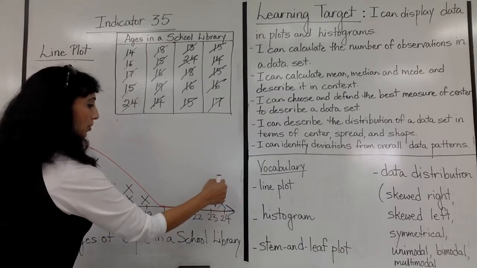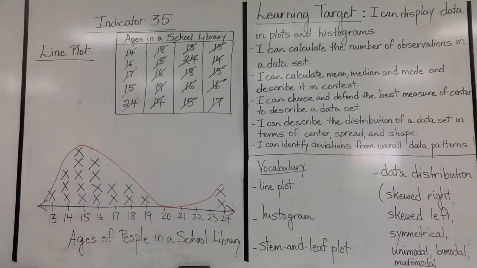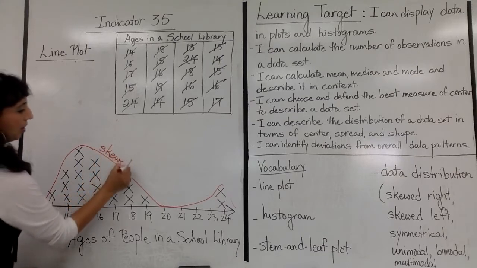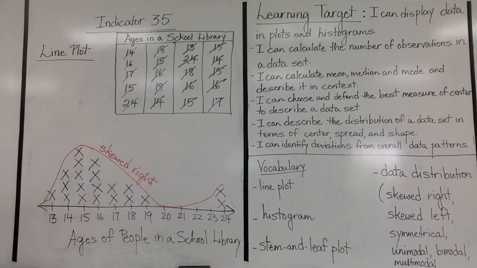But we don't know if it's going down. Okay? So, but if I look at this, where is the majority of it going? To the right. I can see this is skewed right. Okay, this is skewed right. Because the tail end is more on this side.